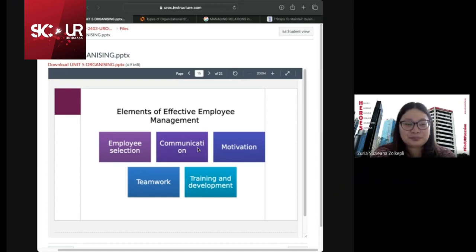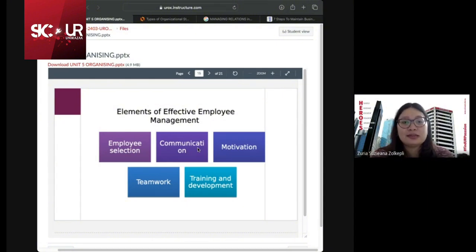So yeah, and then teamwork, right? Teamwork is important as well because a department involves a certain number of people grouped together. If you remember the process that I told you just now, this group of people should have good teamwork, right? As an employer, you cannot manage every department.